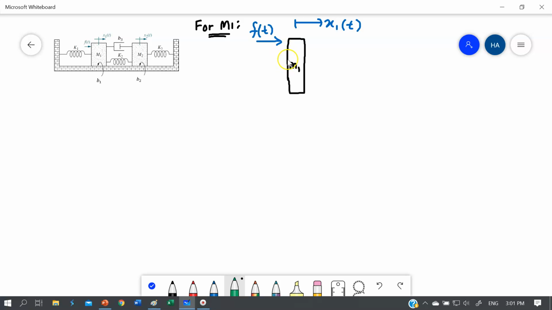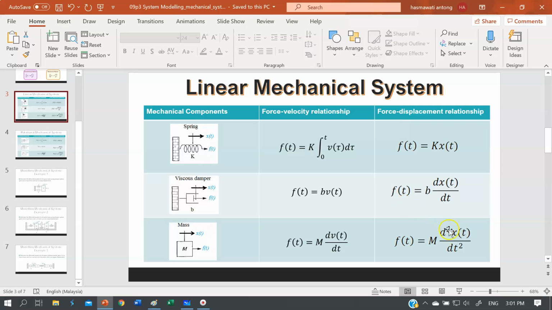So first we have reaction force due to K1, which is multiplied by displacement. Okay, this one is available in the slide, that I show you. Yeah, I discussed about this in the video as well.